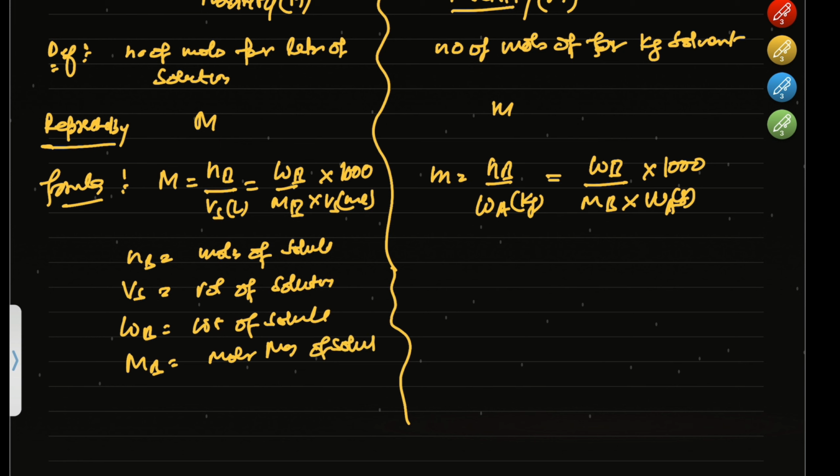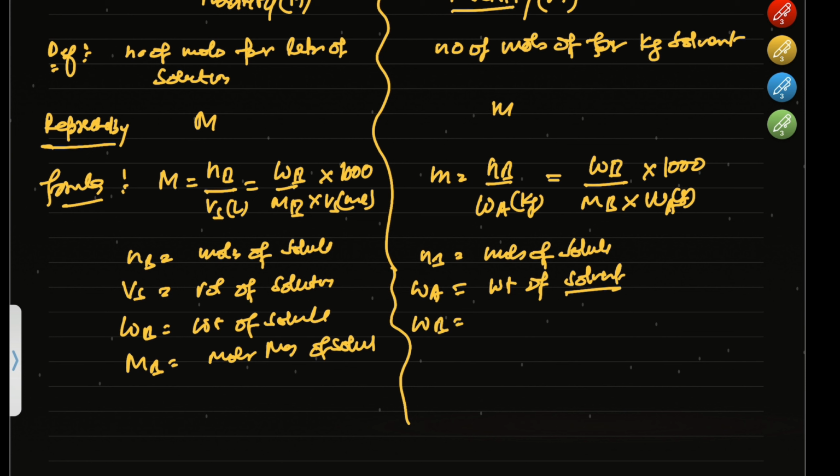Okay, here we can also write the same. Nv is moles of solute, or Wa is weight of solvent, Wb is weight of solute, Mb is molar mass of solute.